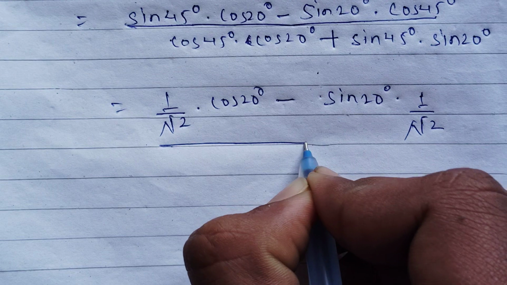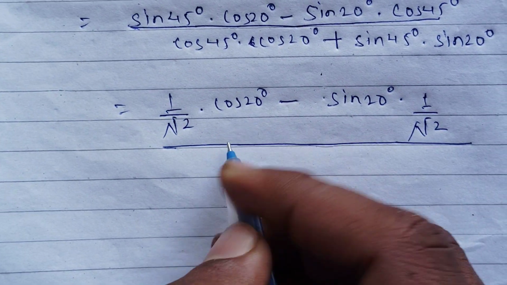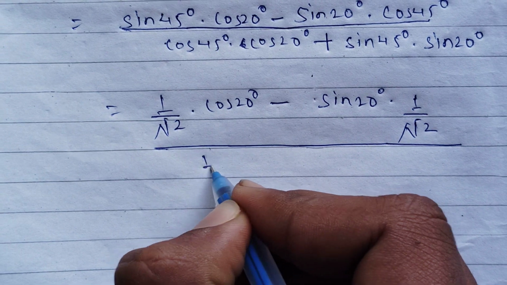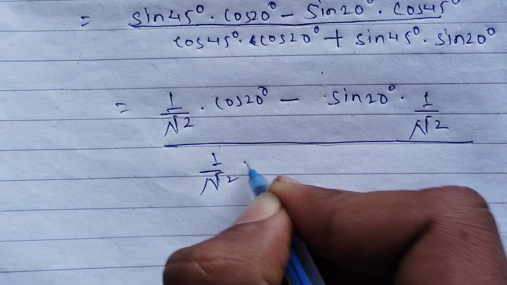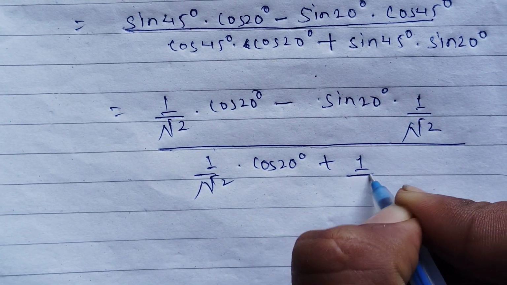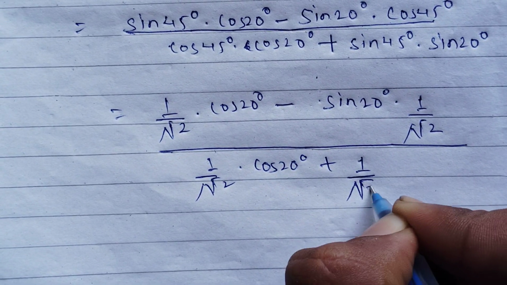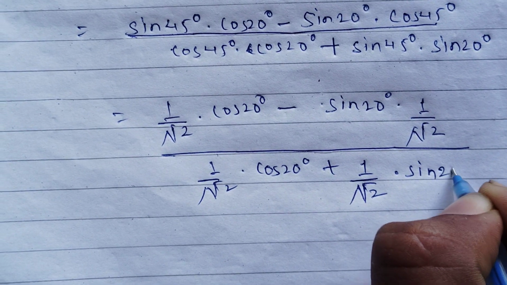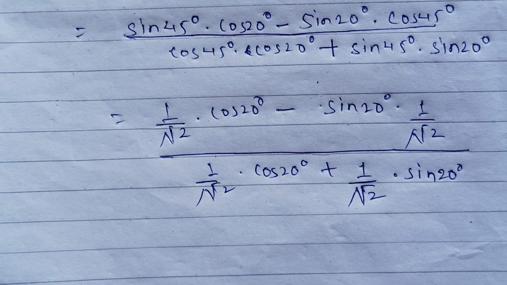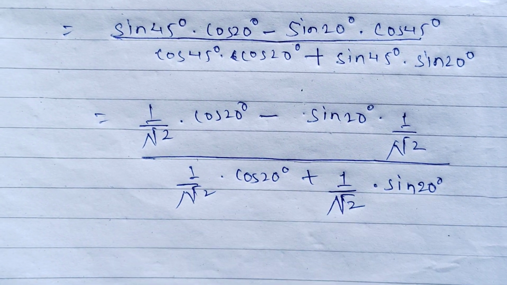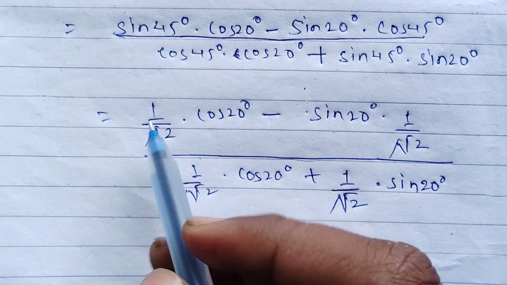Also in the denominator the same process is done. What is the value of cos 45 degrees? 1 by root 2 into cos 20 degrees, plus what is the value of sine 45 degrees? 1 by root 2 into sine 20 degrees.